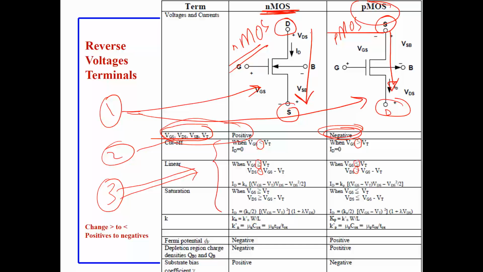Some textbooks use absolute value of this and absolute value of that, and they confuse the student. Just use the same equations, but be careful of naming the source and the drain. Be careful that you will get negative values for the voltages in the case of the PMOS. Be careful of switching the relations, greater than and less than, when you go to the PMOS equations. Otherwise, they use the same set of equations.